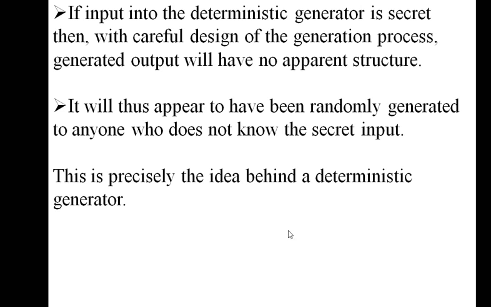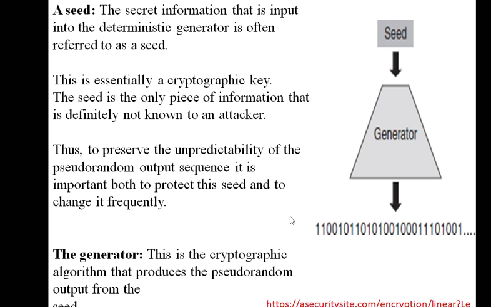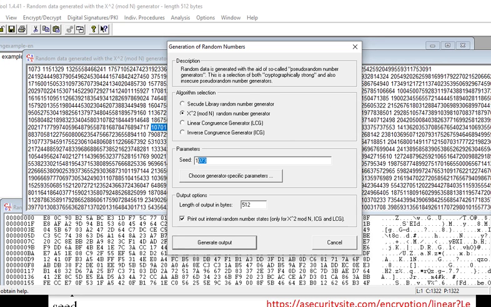This is precisely the idea behind deterministic generators. And what do you mean by seed here? Seed is nothing but secret information that is input into the generator. This is what the seed value is.